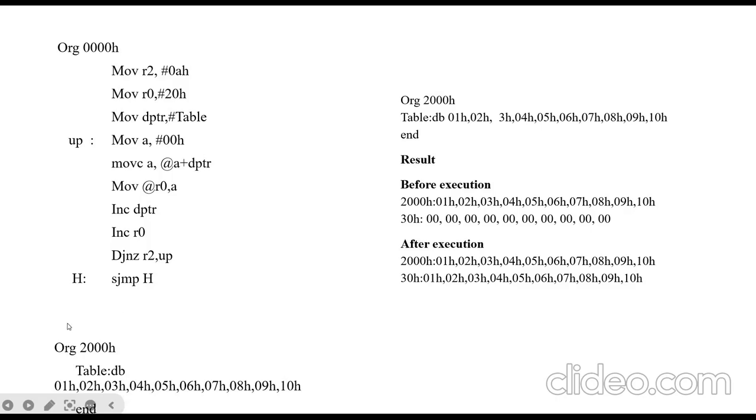Now we'll come to the table definition here. First, org 2000h will define the starting address for the lookup table at 2000h. Then we have table colon db, and we have given certain data here. This declares the data table containing 10 values from 01 to 10h.